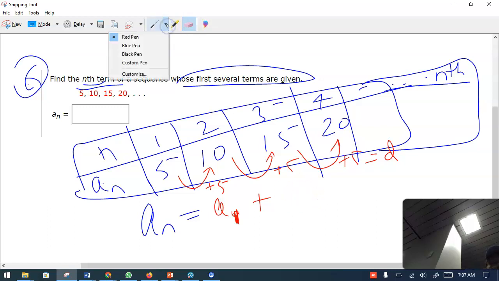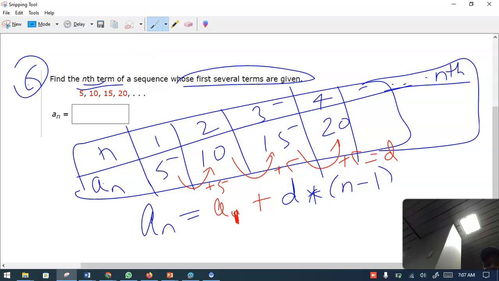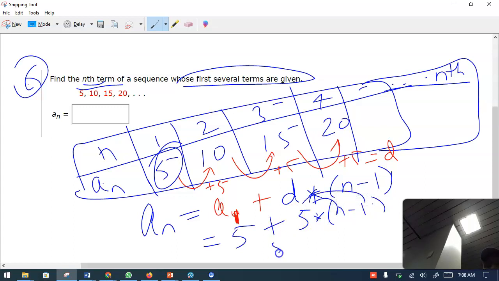So the common difference is multiplied by n minus 1. So this will be 5 as the first term, and the common difference is also 5, and use the distributive property and just get 5n and then you're done.